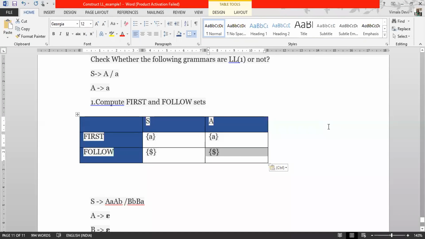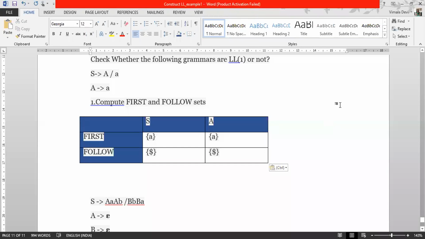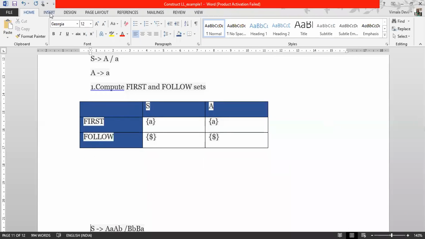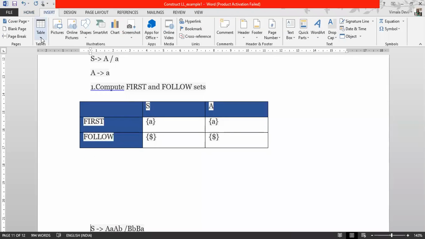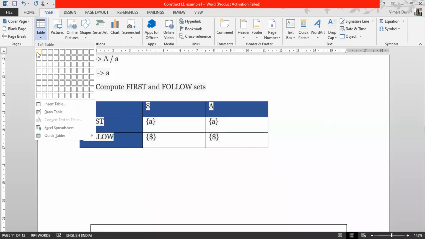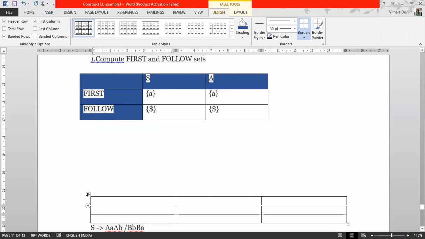Now build the parsing table. So to build the parsing table, first we have to, of course, construct the parsing table. So what is the signature of the parsing table?